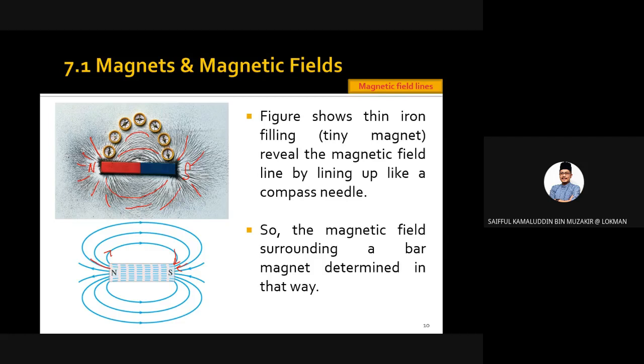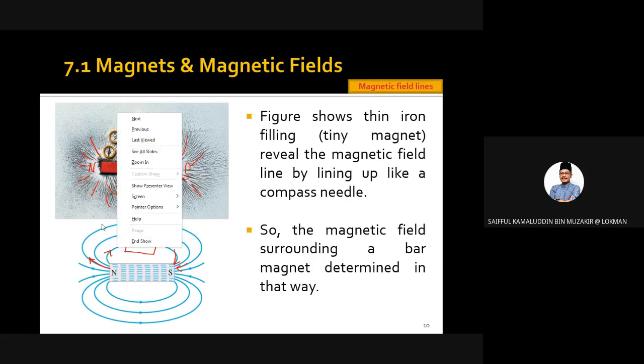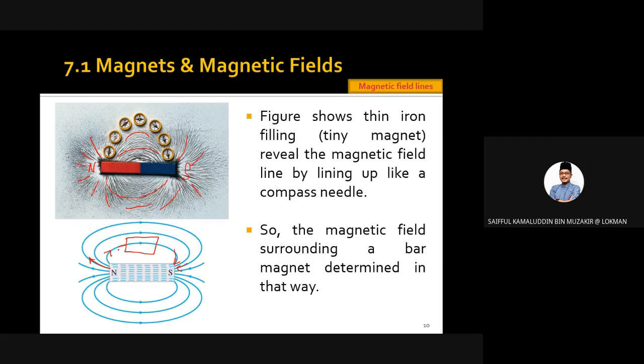Out from the north pole, into the south pole. You must remember this. So if we put another magnet over here, this one should come in, and this one should come out.